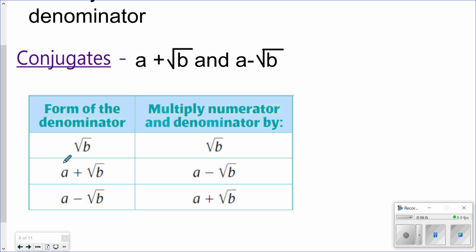If my denominator is in the form a plus the square root of b, I'm going to multiply by the conjugate, which in this case would be a minus the square root of b. If my denominator is a minus the square root of b, I would multiply by the conjugate, a plus the square root of b.